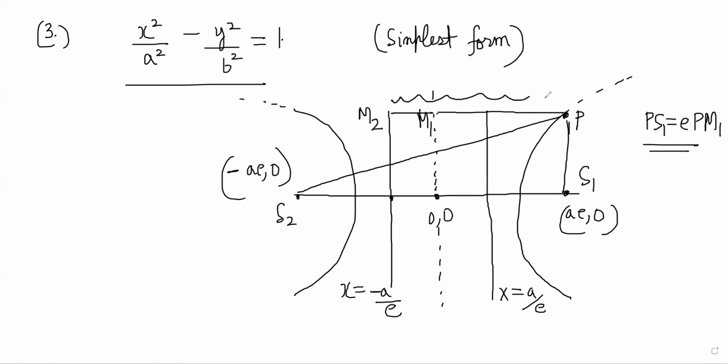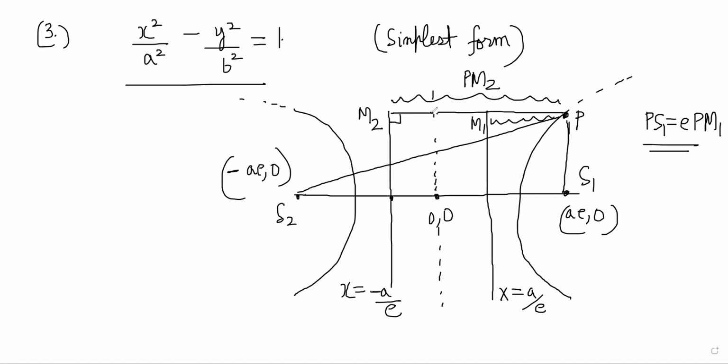So this is your PM2 and this distance becomes PS2, right? M1, by the way, I have marked incorrectly. PM1 would be here. This is PM1, right? So these are perpendicular distances from the point to the directrices, and this is the relation.